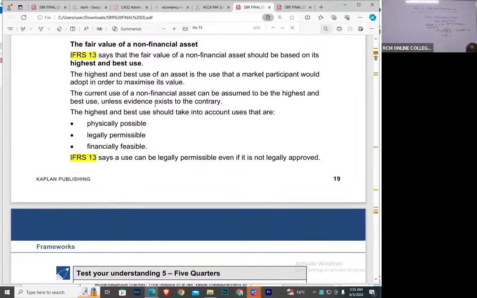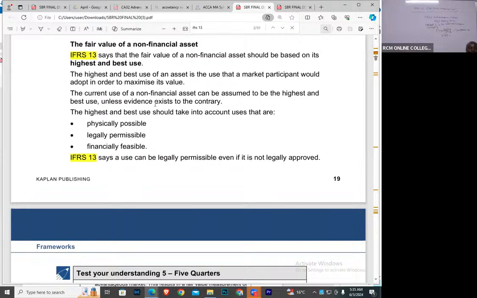The highest and best use should take into account uses that are physically possible, legally permissible, and financially feasible. Don't tell me that you can now start growing mogoka, even if mogoka is still legal, and therefore I'm going to value this land in trillions.